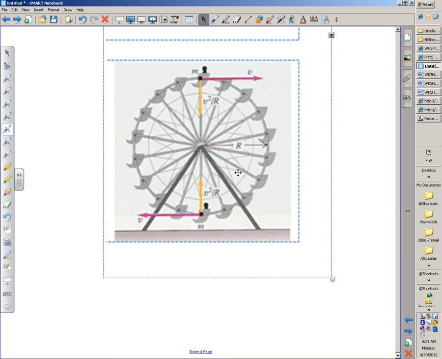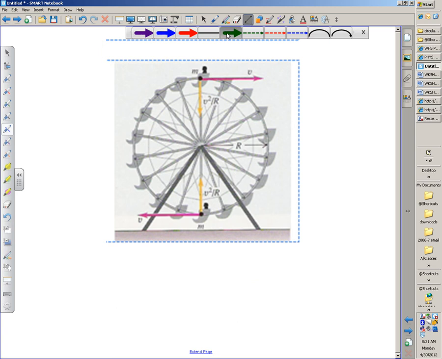Okay. At the bottom of the Ferris wheel, this person has a gravitational force that looks like this. And then it has a normal force from the seat that looks more like that.